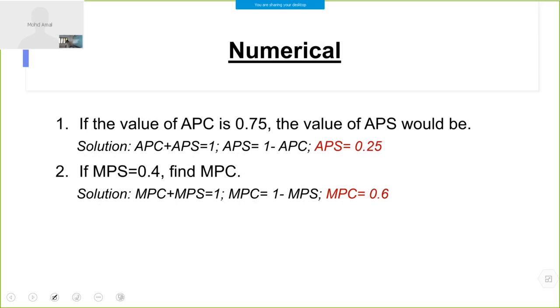Say numericals, write fast. If the value of APC is 0.75, the value of APS would be, one more question. Manually you can do it: 0.75, then the remaining part is 0.25, because APC and APS should always equal 1.